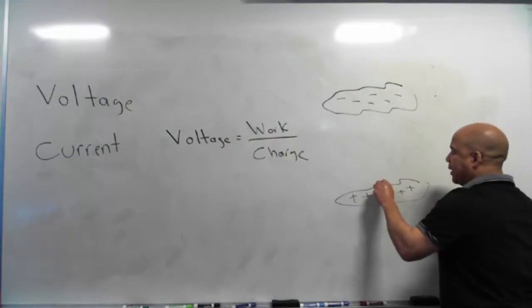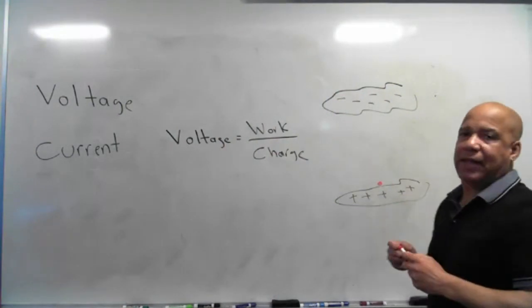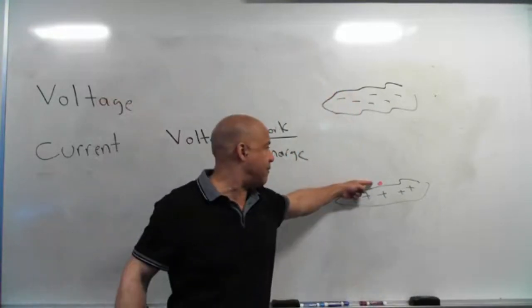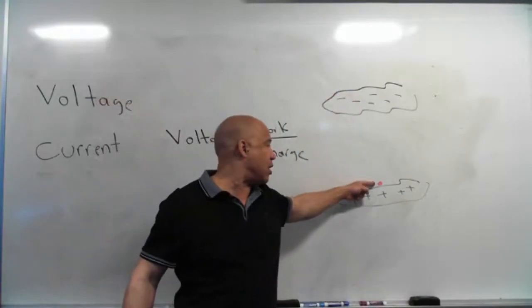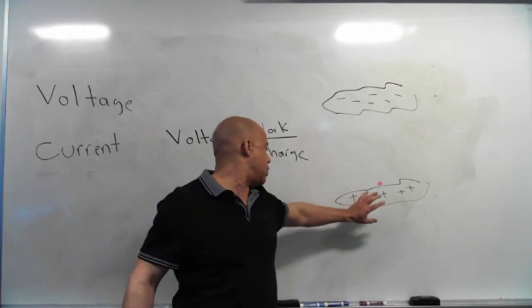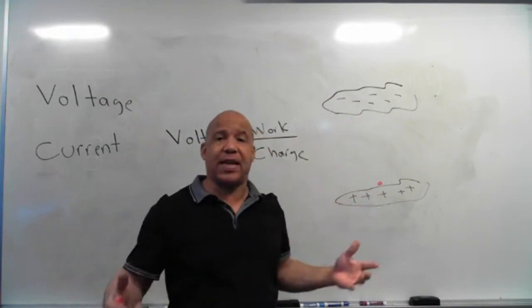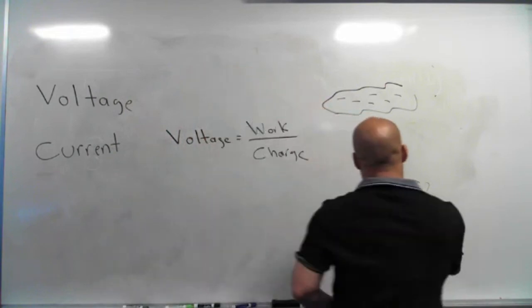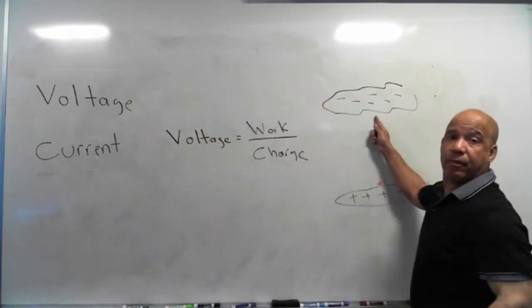And that electron is going to be really happy here because, you know, like charges repel, but unlike charges attract. So the fact that electron has negative charge, and this group of charges is positive, it's happy because unlike charges attract. But what I want to do is move this electron from here to here.